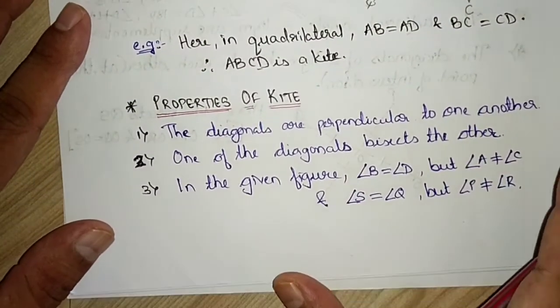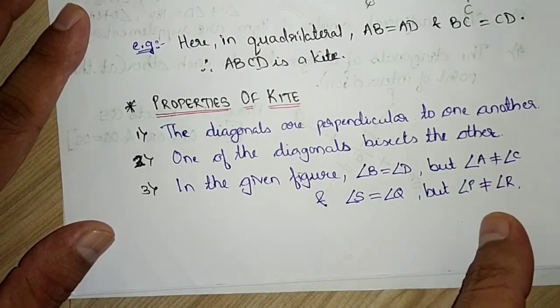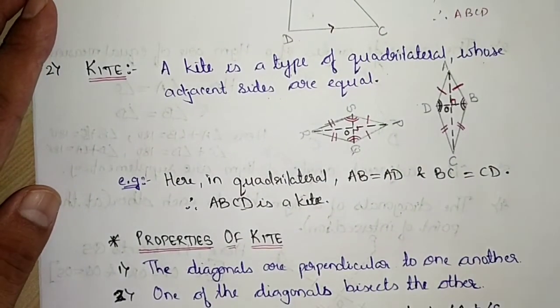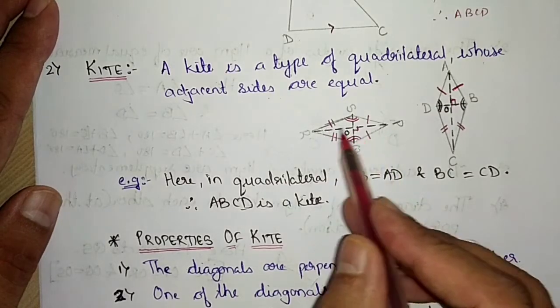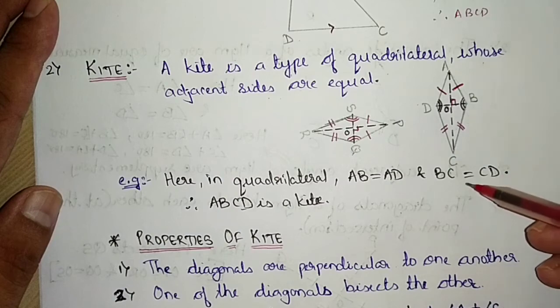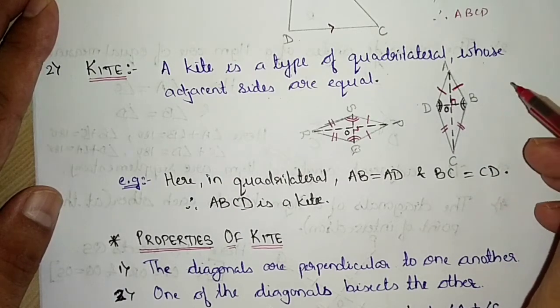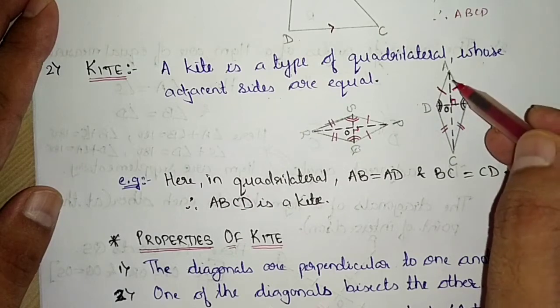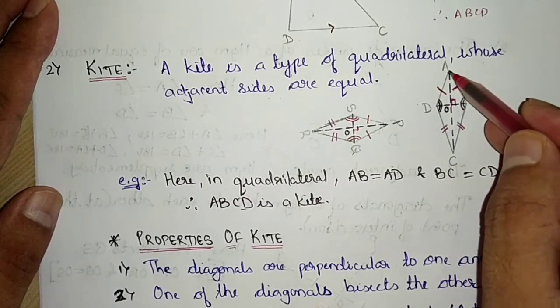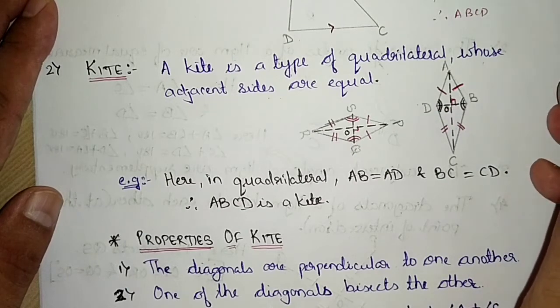Next, the second property: one of the diagonals bisects the other. Out of the two diagonals, one diagonal bisects the other. You cannot make out without seeing the figure which diagonal will bisect the other. Here AC bisects BD. And what is the meaning of bisect?